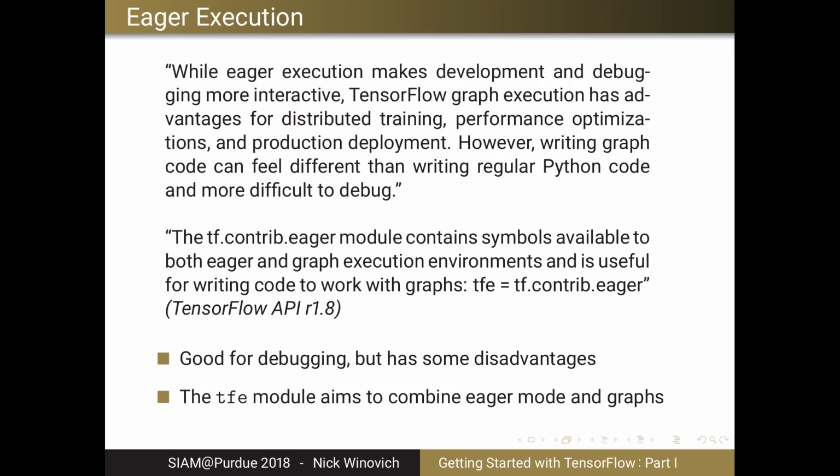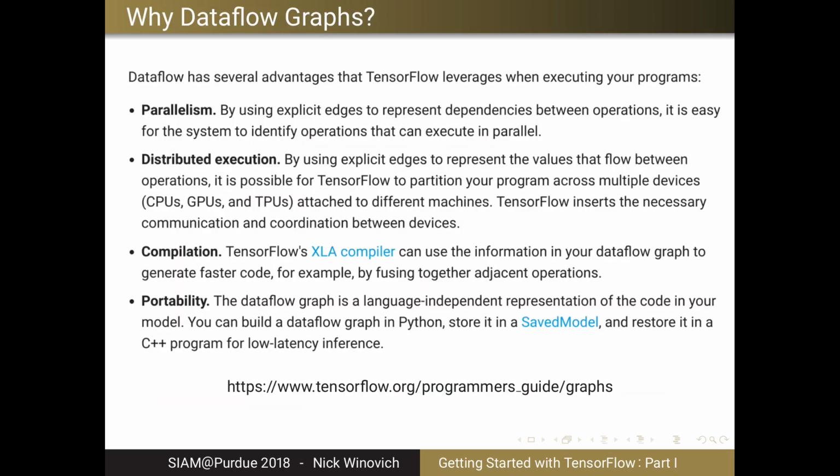The benefits of eager execution lie mainly in debugging and also dynamic creation of graphs or kind of branching in your model. But it has some considerable disadvantages as well. It's usually better to use a graph. And the TFE module, or the tf.contrib.eager module, aims to combine that eager execution usability with the efficiency or the advantages of working with computational graphs.